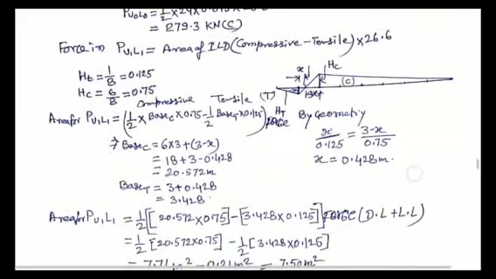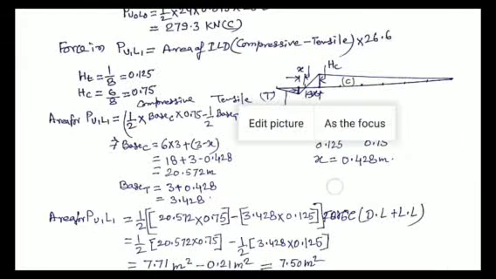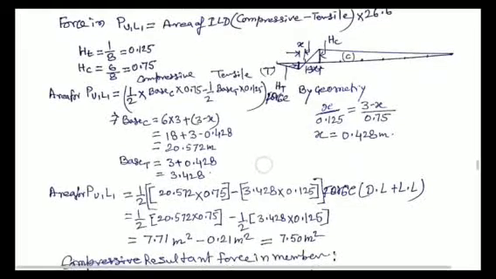Okay, so the X value we can find out will come out to be 0.428 meter. So now we can find out the area of the triangles, because now we know the base lengths of both triangles.